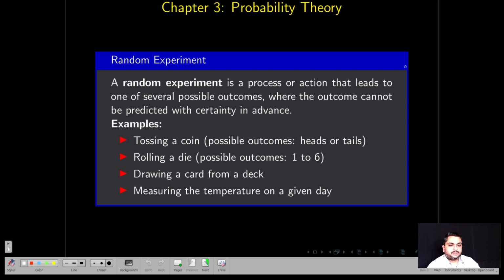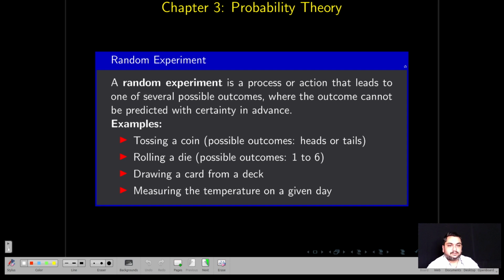A random experiment is a process or action that leads to one of several possible outcomes, where the outcome cannot be predicted with certainty in advance. What it means: when I toss a coin, it's an experiment I'm conducting. The experiment will produce the data, that is outcomes. So tossing a coin has two outcomes, either it's a tail or it's a head.